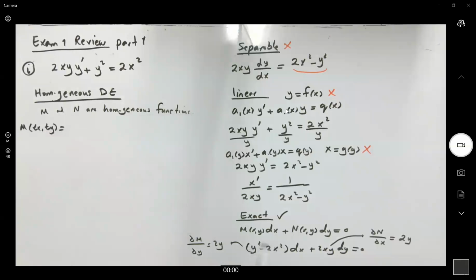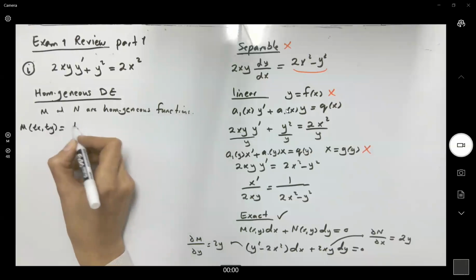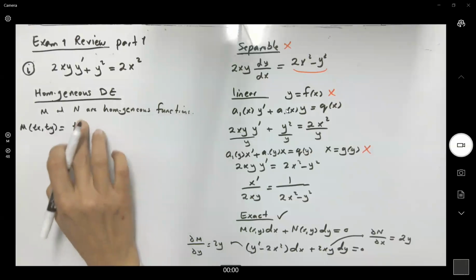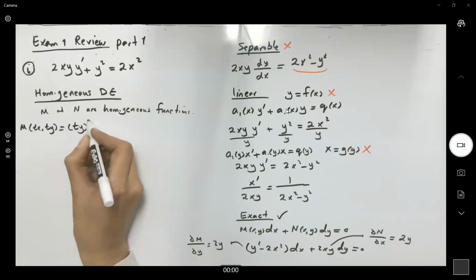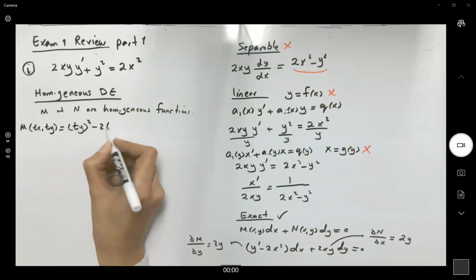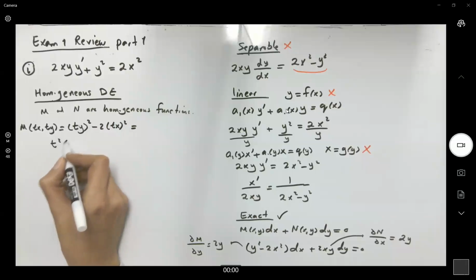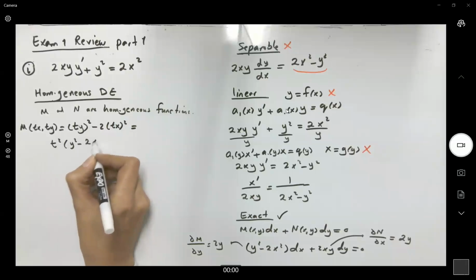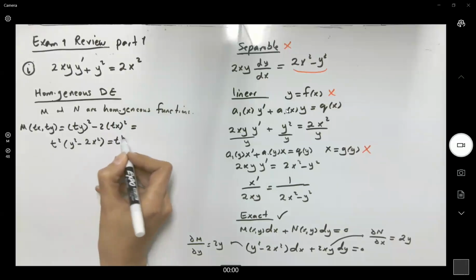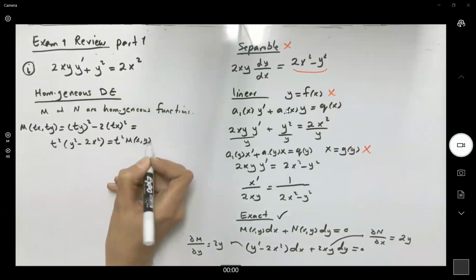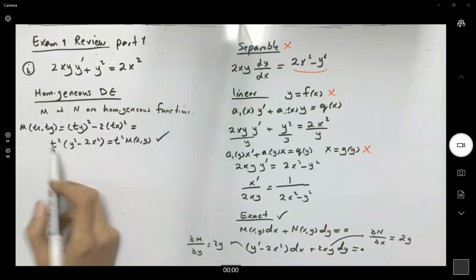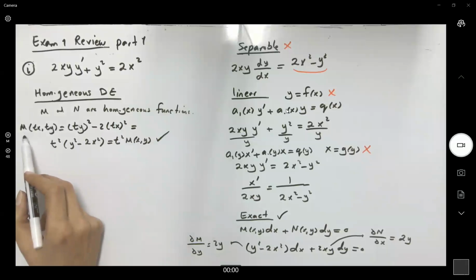Remember that we already have M and N, so we get (ty) squared minus 2(tx) squared, which is equal to t squared times (y squared minus 2x squared), which is t squared M of x and y.